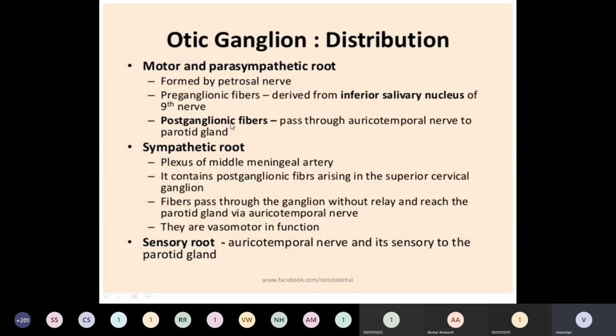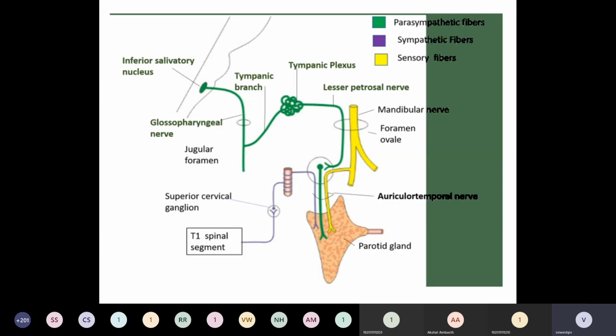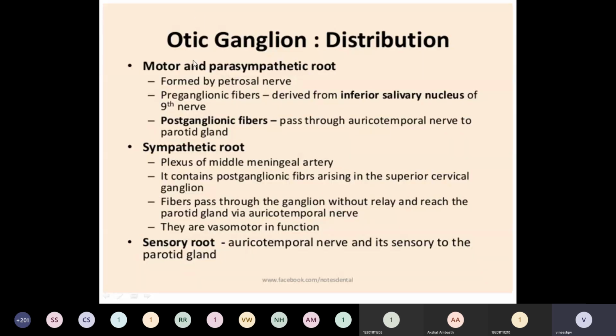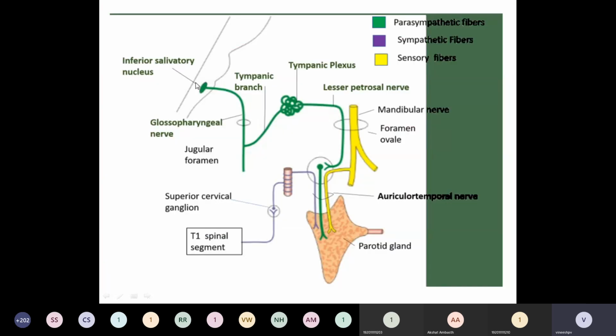Parasympathetic root, you already studied the nerve supply of parasympathetic. Okay, there is a pathway, right? See, the parasympathetic root, what are you supposed to write? No need to write whatever is on this slide. So in the parasympathetic root, it begins from the inferior salivatory nucleus, then it passes through the glossopharyngeal nerve, then through the tympanic branch, then it forms a plexus, the tympanic plexus.